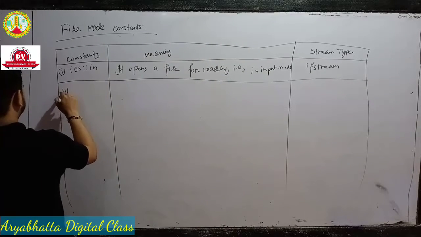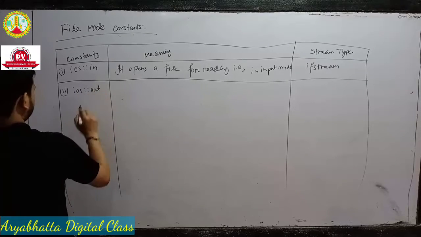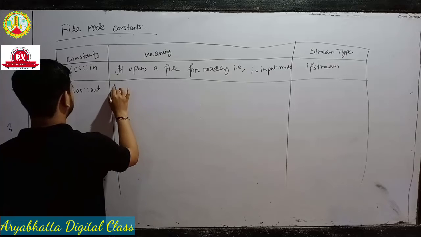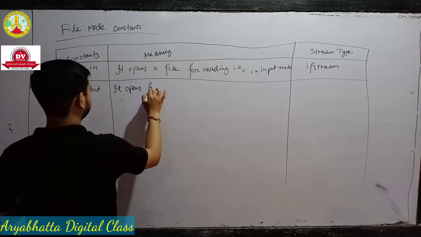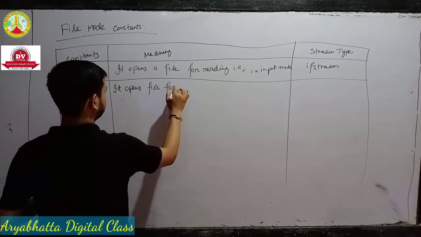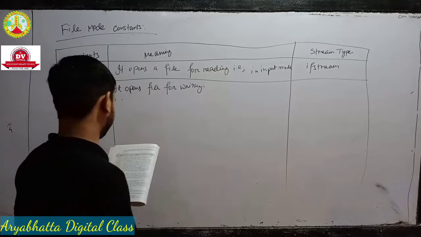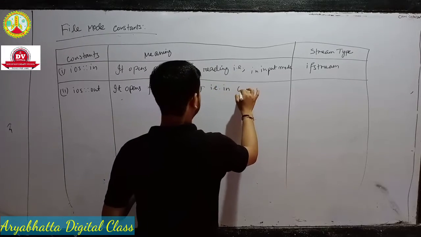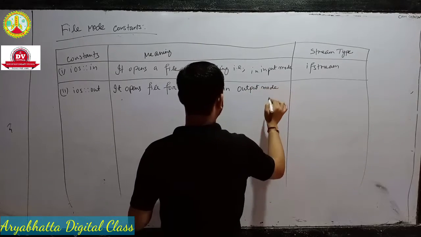Second one is ios::out. It opens a file for writing, that is in output mode.